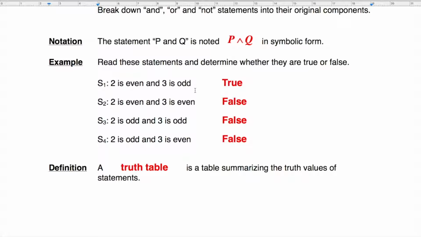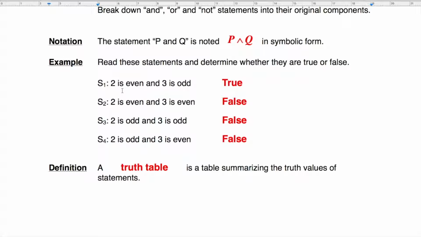So what did we do here? We looked at 4 statements, and they all had in common that we're talking about the numbers 2 and 3. They all connected with and, and they are going through all the possibilities of even and odd. And that's something that's really important and we'll do all the time. The reason why it's important is that what's going to come out here is always going to be the same.